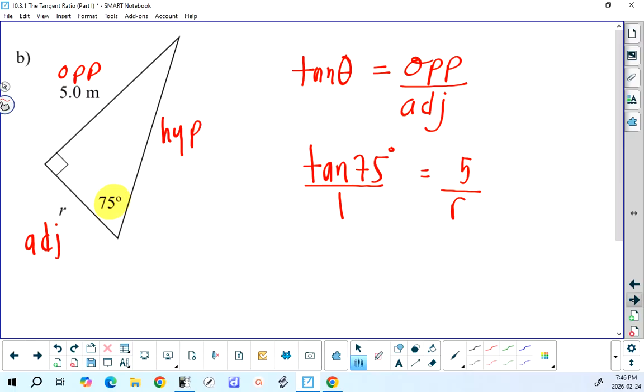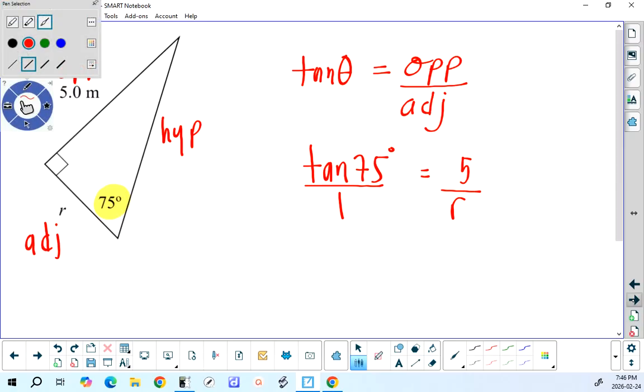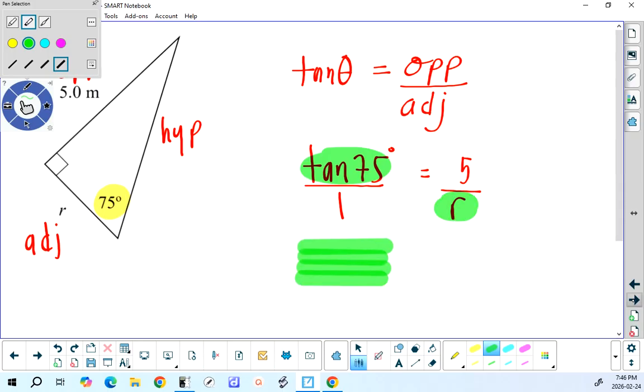So we cross multiply. What are we doing here? We're cross multiplying. So we're taking top times bottom equals top times bottom. All right, so top times bottom.